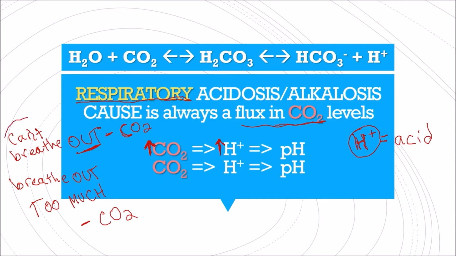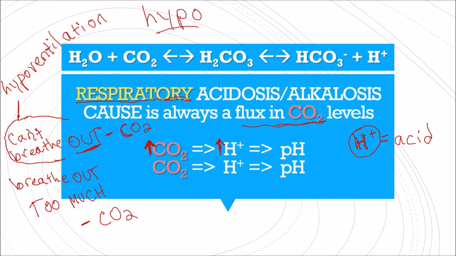And up here, when you can't breathe out, you're not breathing out enough, this is called hypoventilation. Hypo meaning under the amount or too low. So too little ventilation, hypo.